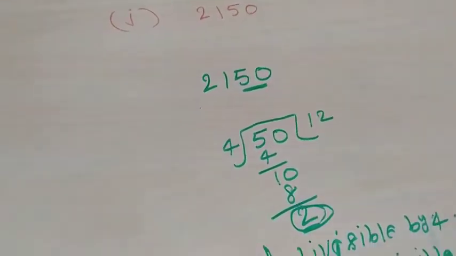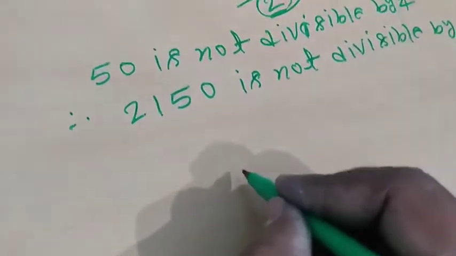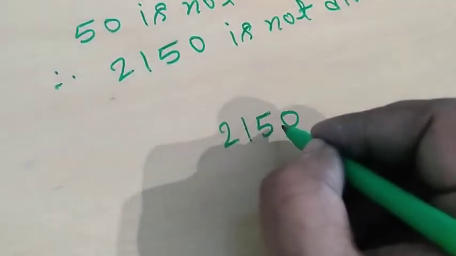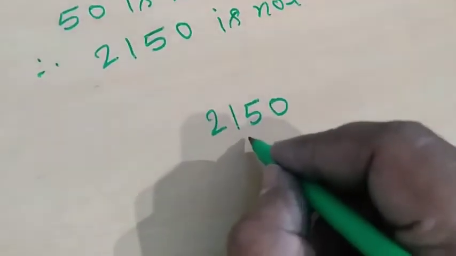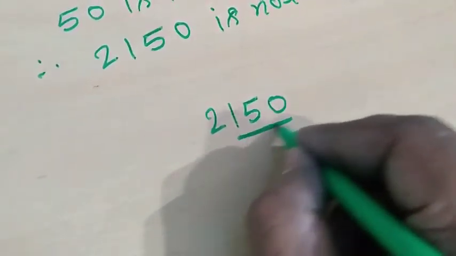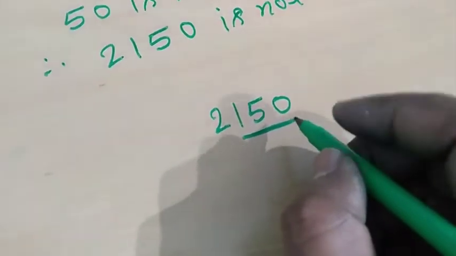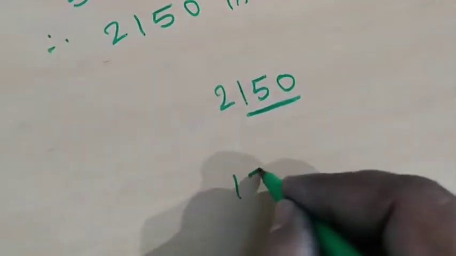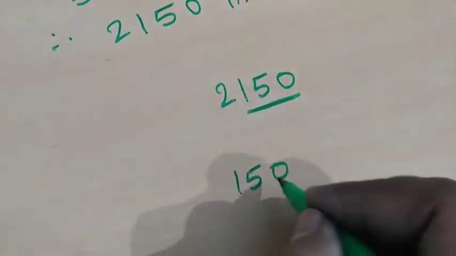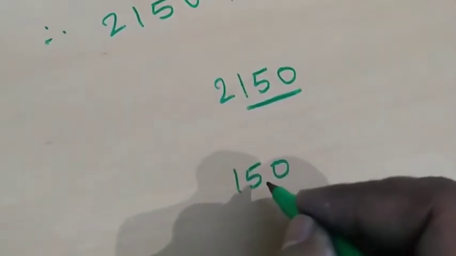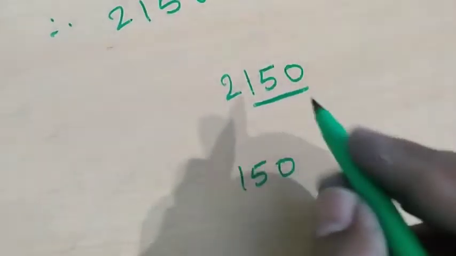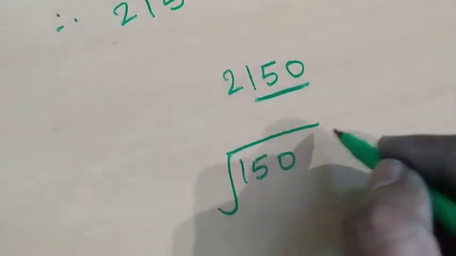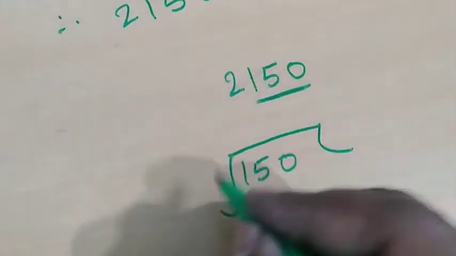So here the given number is 2150. For divisibility by 8 we check the last 3 digits. You can see the last 3 digits are 150. If 150 is divisible by 8, then the given number is divisible by 8. So first we divide it.